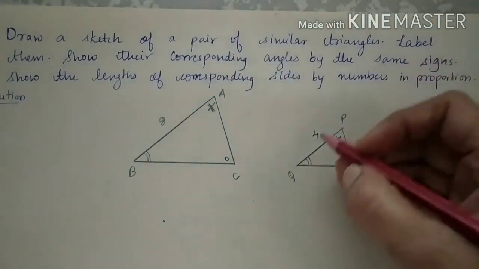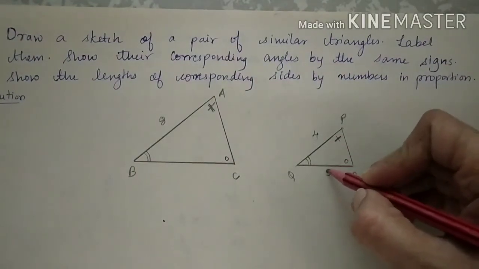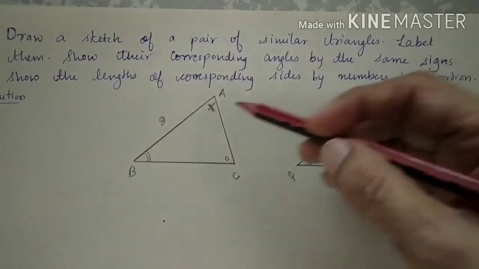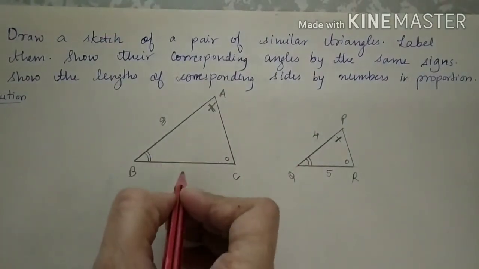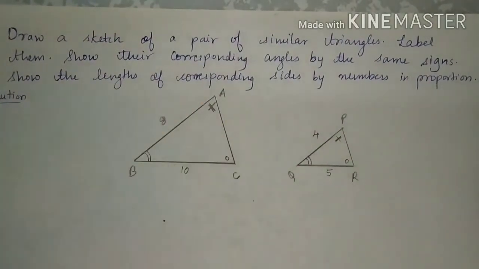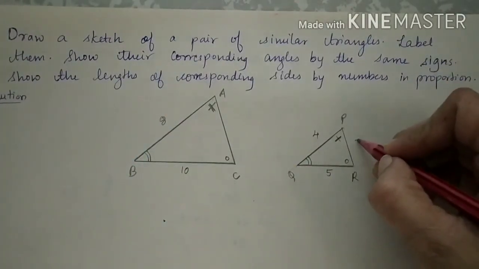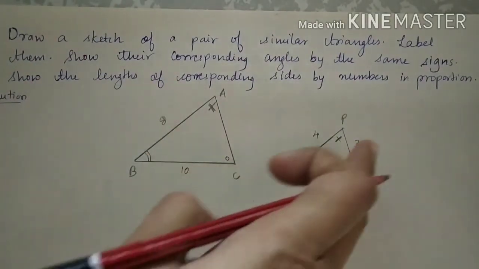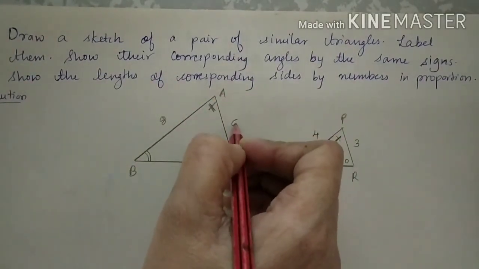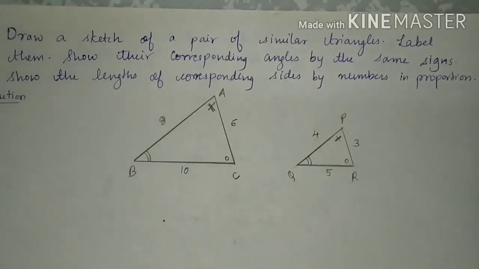Similarly, if I take 5 here, since I've done 4 into 2, here also I'll do 5 into 2, so I will write 10. And suppose I write 3 here, then 3 twos are 6. This shows that they are in proportion.